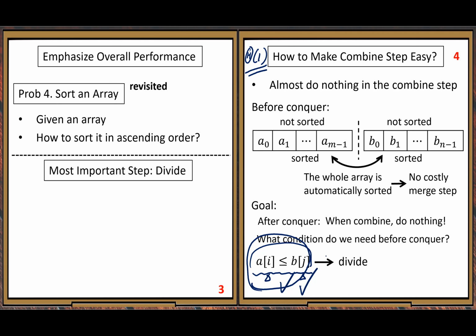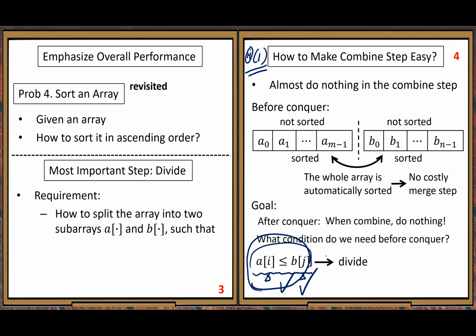In the divide step, if we do some appropriate arrangement, so do things right, then we can enjoy an easy, fast combine step. That's the main point. What kind of condition do we need to ensure at the divide step?